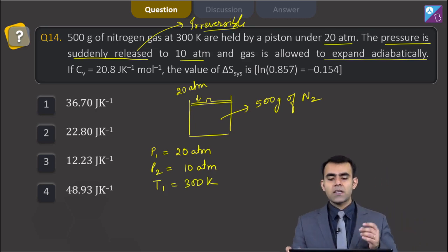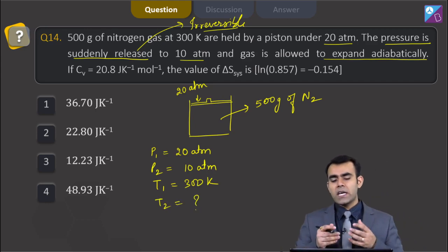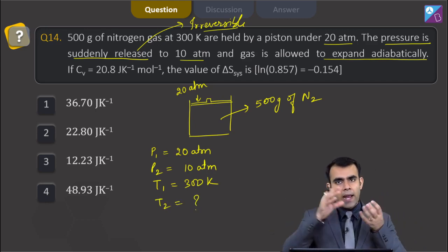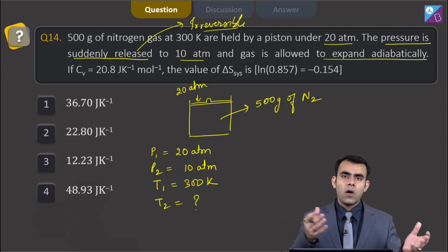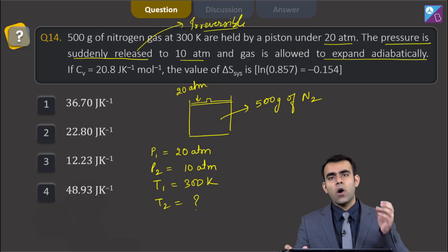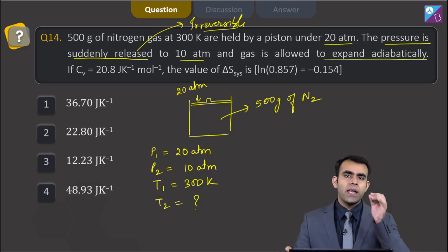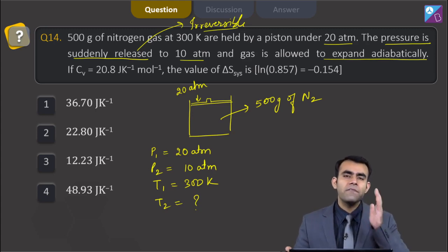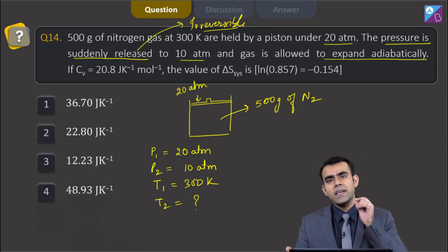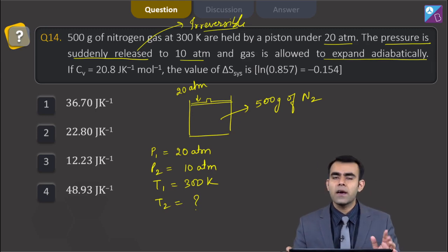But I do not know the final temperature, that is T2, because in adiabatic expansion the work done is at the expense of internal energy. It means the internal energy has decreased, and so the temperature has been reduced.